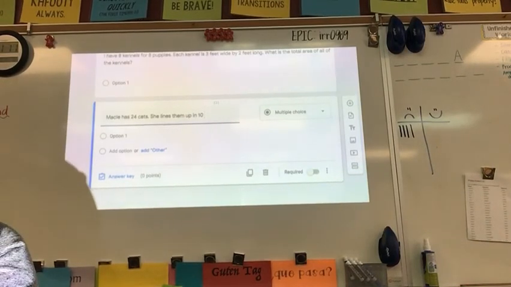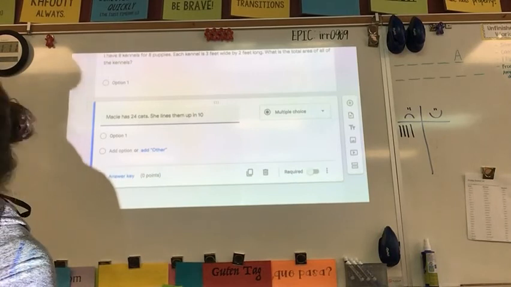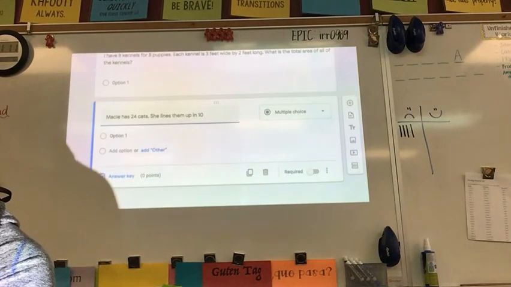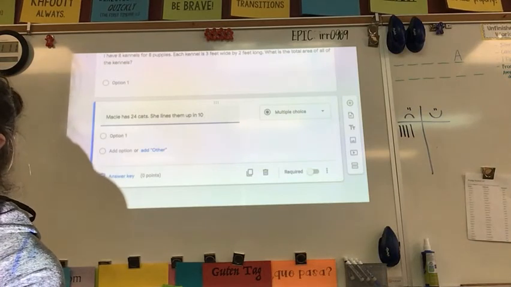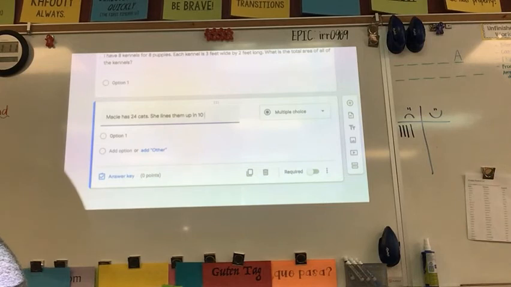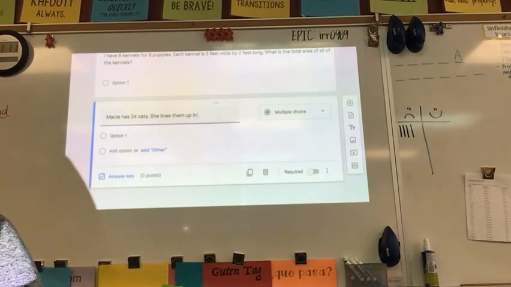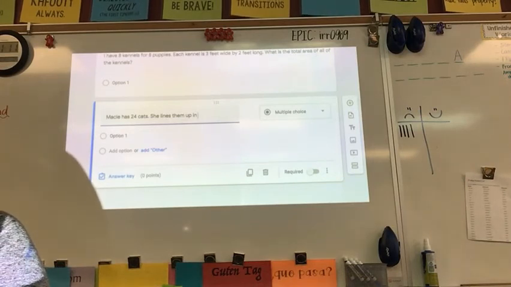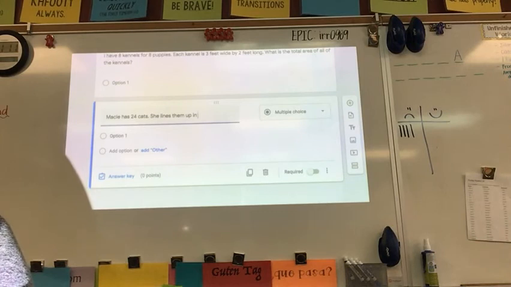What is a number that I can count by to get to 24? You can find it as a target on our multiplication table and then look up and see what column that would fall in. You guys can be thinking about that too. What would be a factor that can fall into 24?